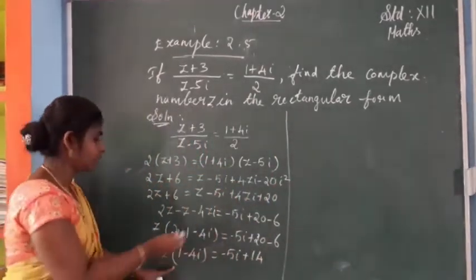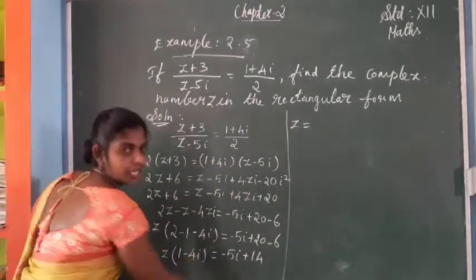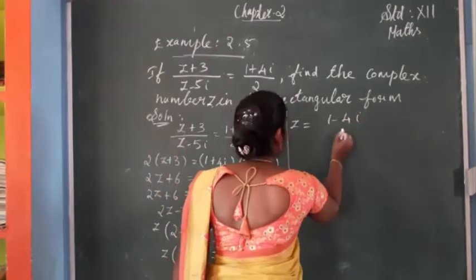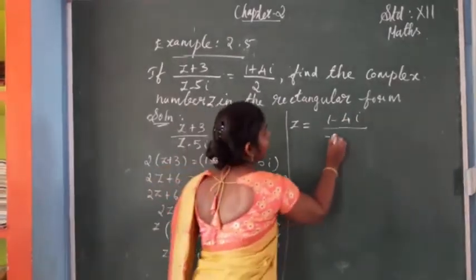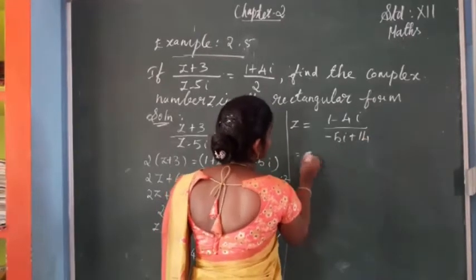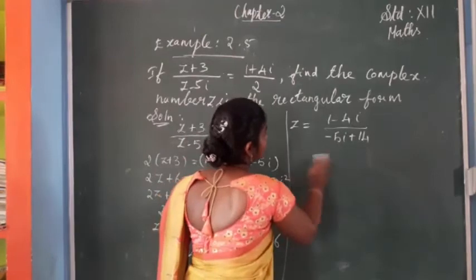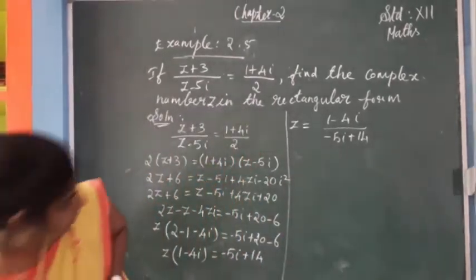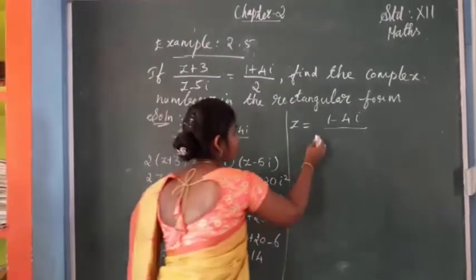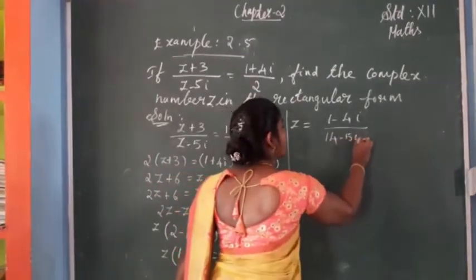That's equal to, z is equal to, we can take this term in the denominator. So 1 minus 4i divided by minus 5i plus 14. Take the conjugate for the denominator. So we can write the real part first term: 14 minus 5i.